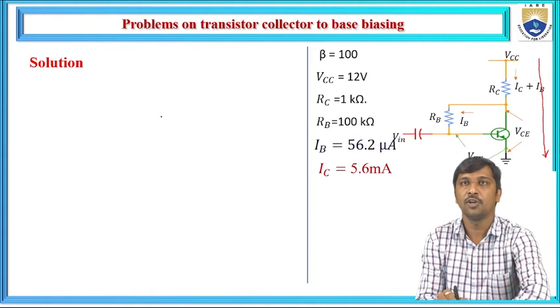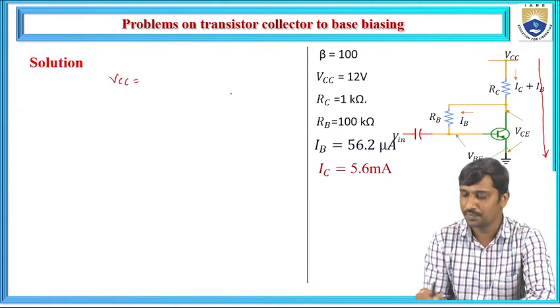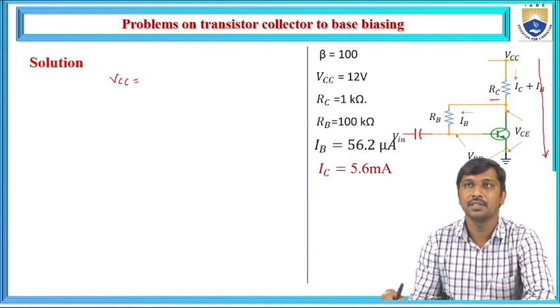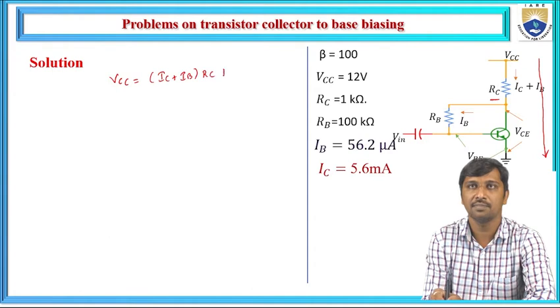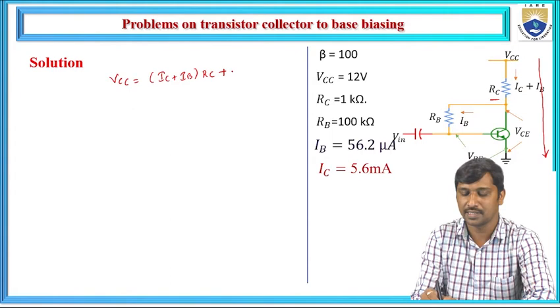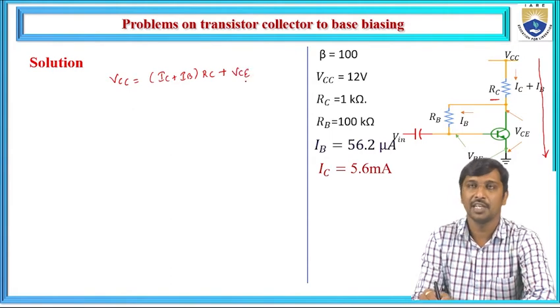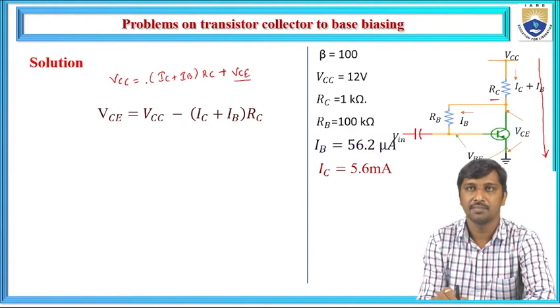The KVL loop equation at the output side is: VCC is equal to the voltage drop across RC, represented as I times R, where I means IC plus IB, times RC, plus the potential difference between collector and emitter, VCE. Hence, VCE is equal to VCC minus IC plus IB times RC.